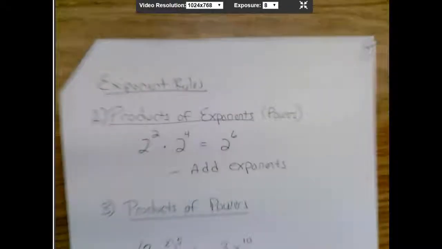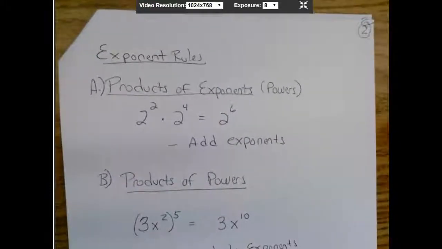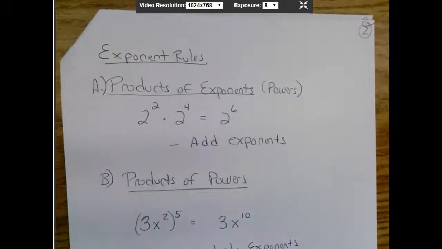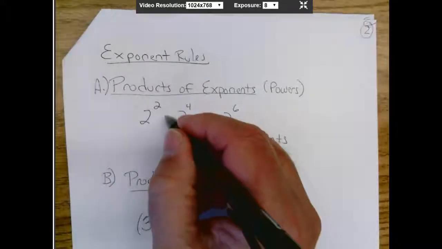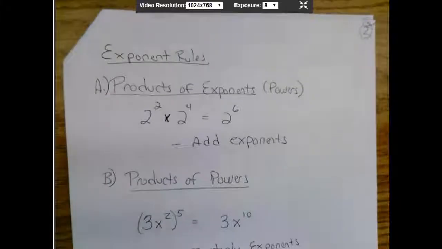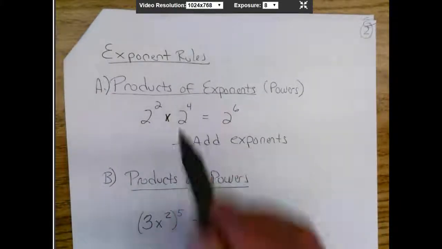And there's a few rules that we're going to use, and the first one is called products of exponents, or powers. Okay? So when we have a situation where it's 2 to the second and we're multiplying, this could be a dot, it could also be an x, but you're going to start seeing a dot, or even just little brackets with nothing between them.